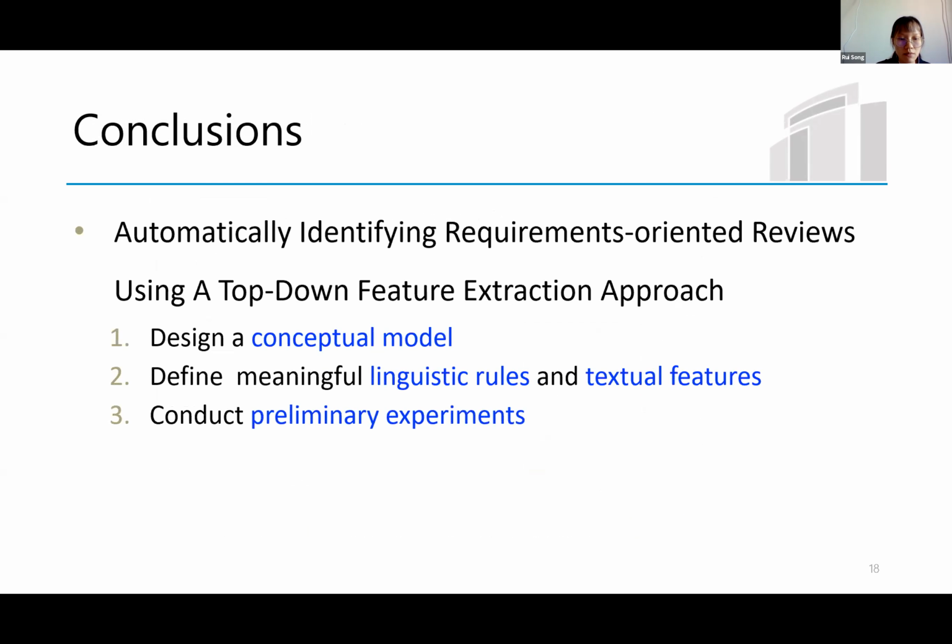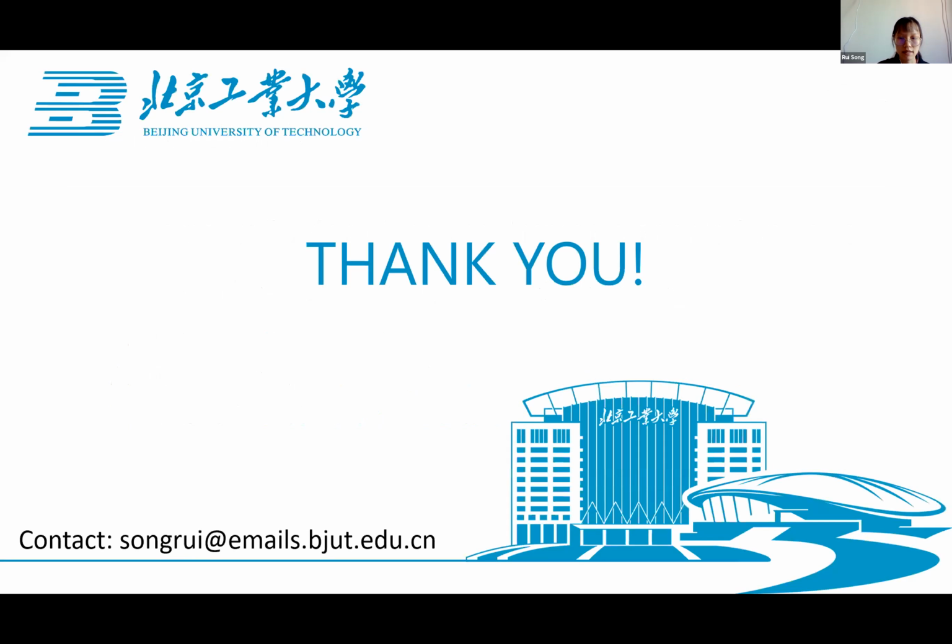Thirdly, we conduct preliminary experiments. In future work, we will try to find other data sets to evaluate and use deep learning algorithms to improve our method. That's all. Thank you.